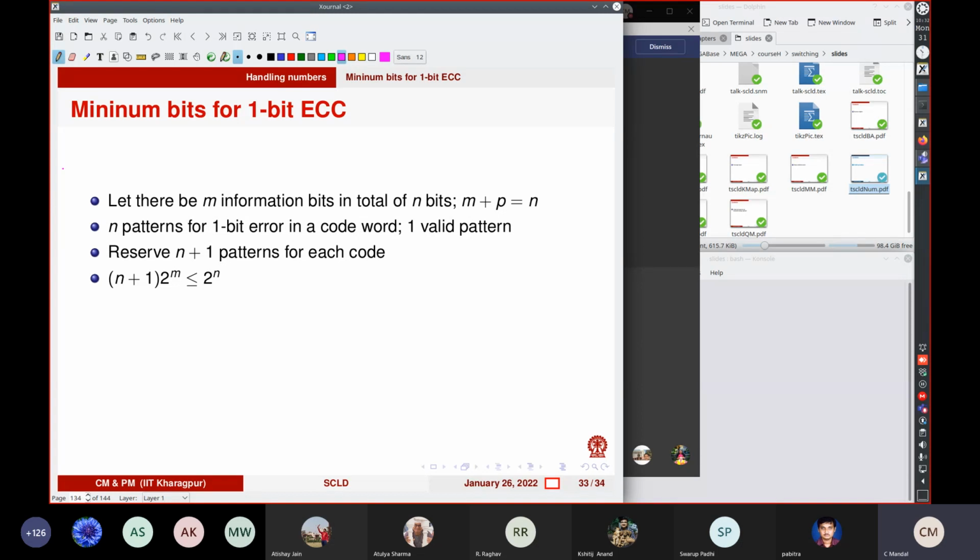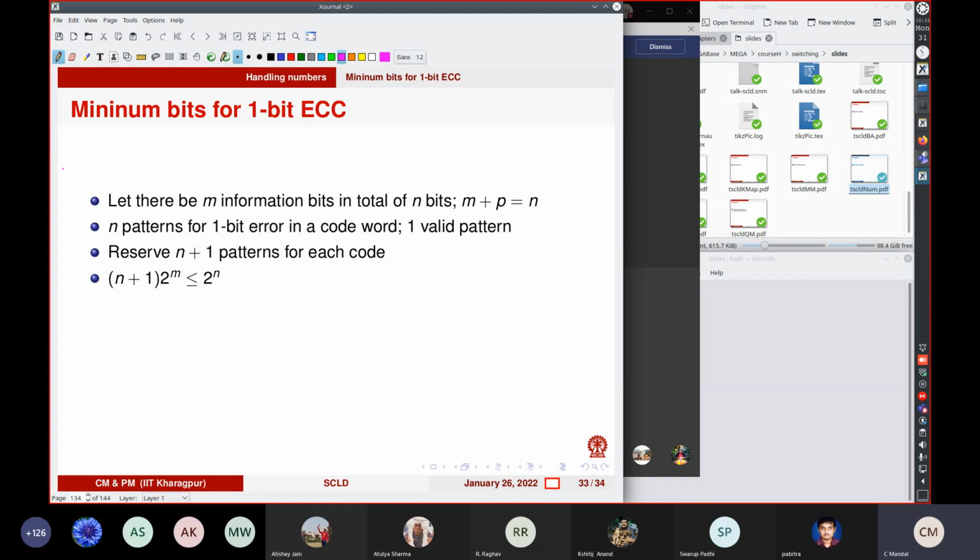So there will be 2 to the power m information codes, and each code is going to take up n plus 1 patterns of the n bits. Okay.